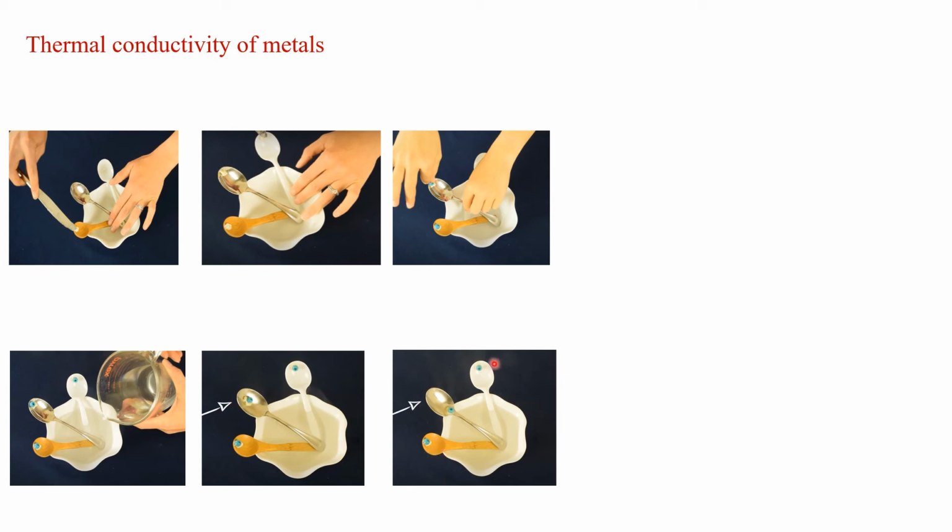They are very poor conductors. That's why the butter stayed at the top of the spoons made of wood and plastic. And from this experiment we can easily compare the thermal conductivity of different materials.